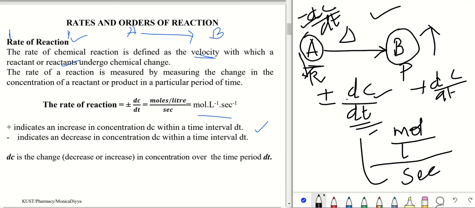So the unit for the reaction rate would be moles per liter per second. That is how we need to note down the units.